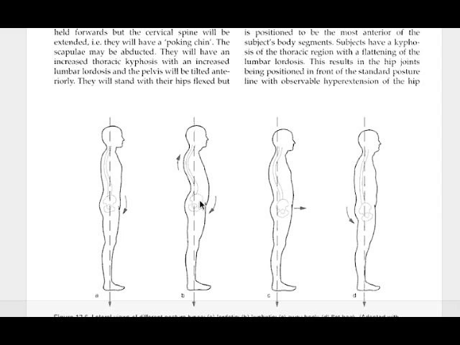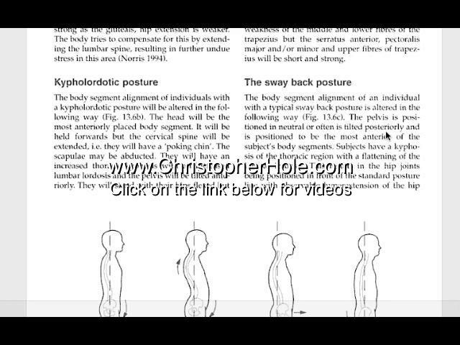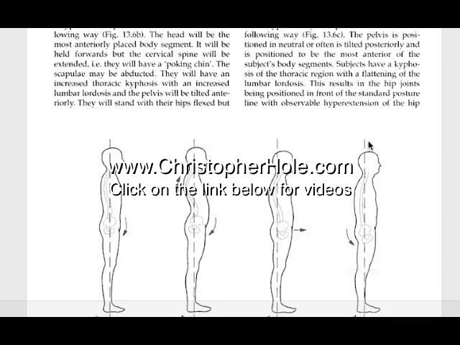Well, with swayback, the hips are pushed forwards, and that plumb line goes just behind the middle of the hips. So that's basically what that short little sentence is saying. It's saying the hips are positioned in a neutral or tilted forwards position. So they're either in a neutral position, which is how they want to be, or they're tilted forwards.